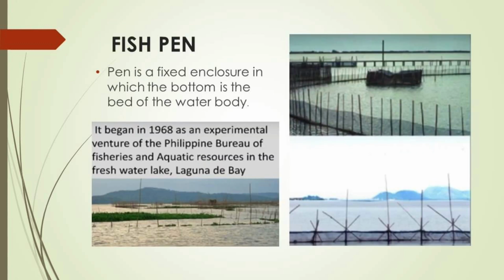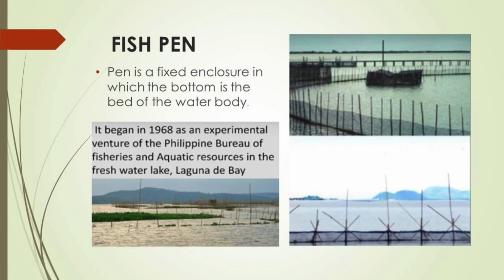So next we have here fish pen. A pen is a fixed enclosure in which the bottom is the bed of the water body. It began in 1968 as an experimental venture of the Philippines Bureau of Fisheries and Aquatic Resources in the freshwater lake Laguna de Bay.